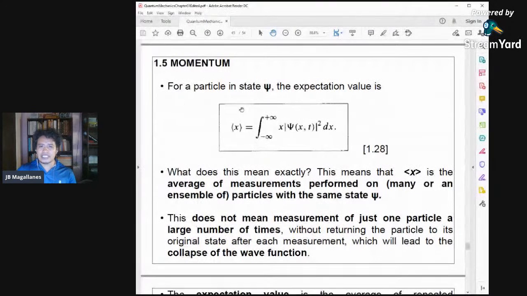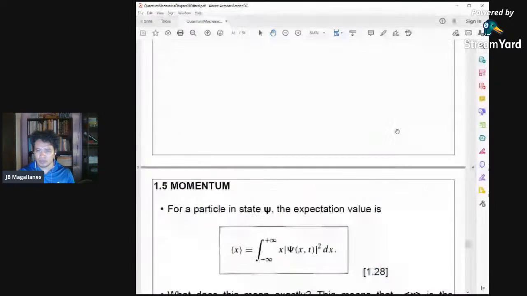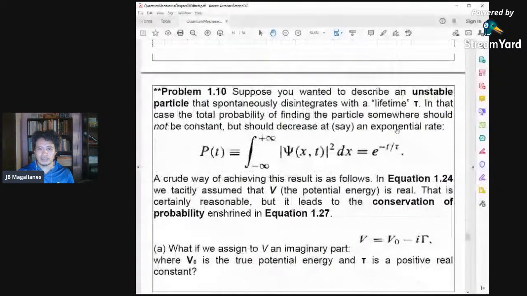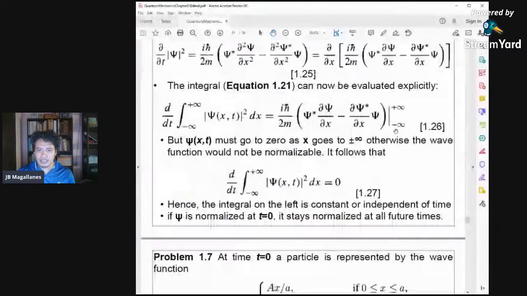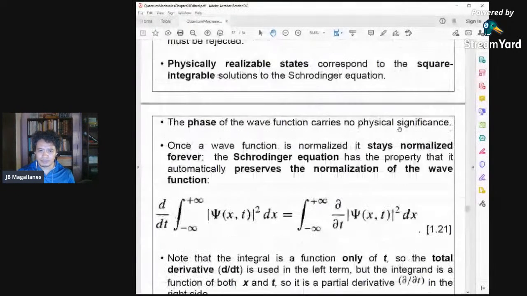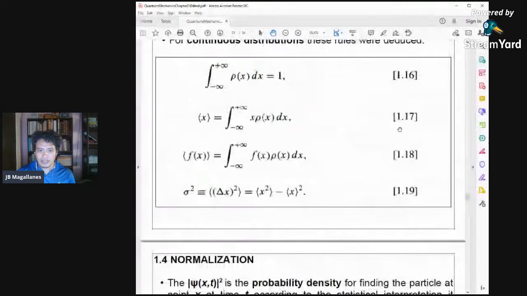So for a particle in state psi, the expectation value is this one. This is the probability density, as we can see in the previous slides. This is the expectation value, but the rho, the probability density, is now replaced with the modulus of psi squared.